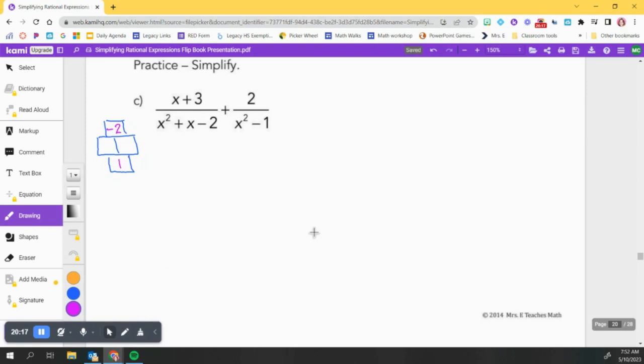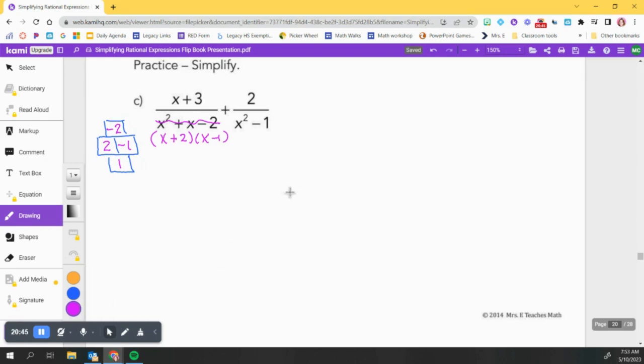So I need 2 numbers that will multiply to give me negative 2, but add up to 1. 2 and negative 1. So that means this denominator is going to factor out to x plus 2, x minus 1. So we're not focused on this denominator anymore, we're looking at this guy.